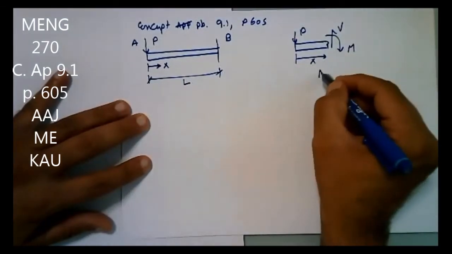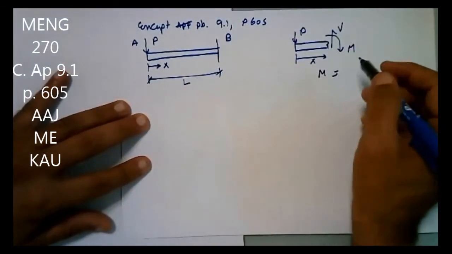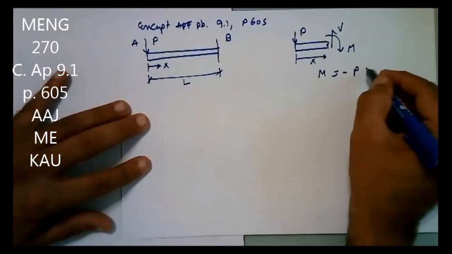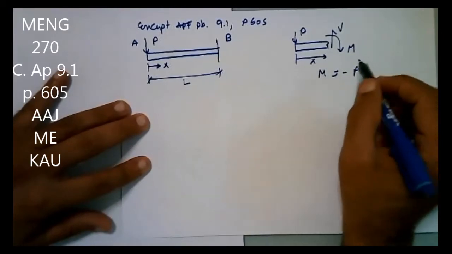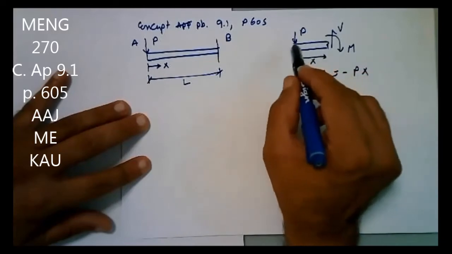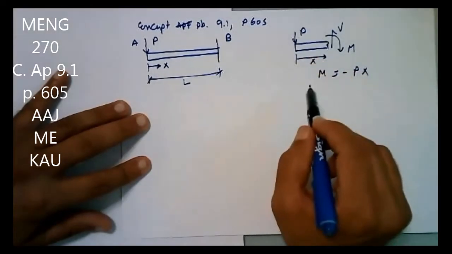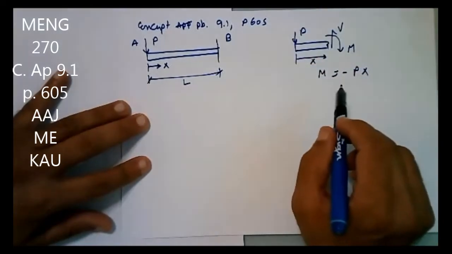What is the value of this M? It is minus P times X. Now this moment will fight the moment of this P. Now this is in equilibrium.